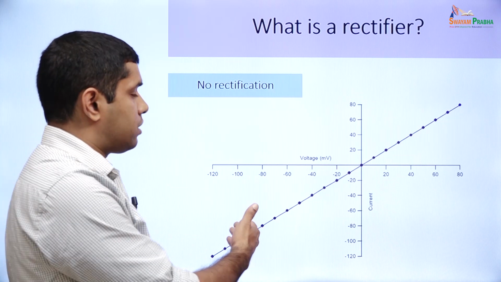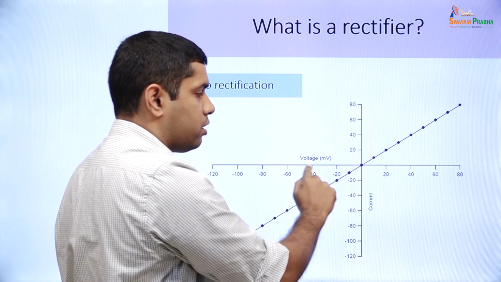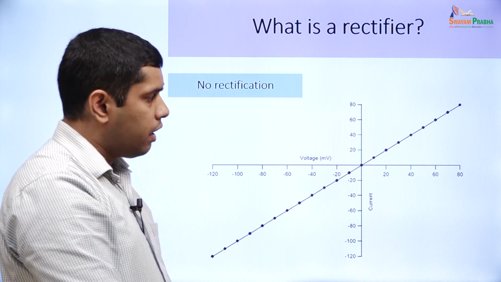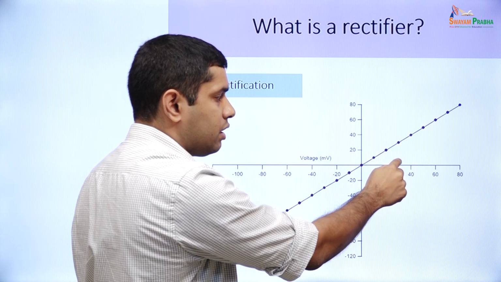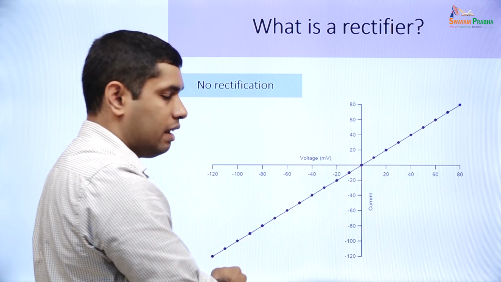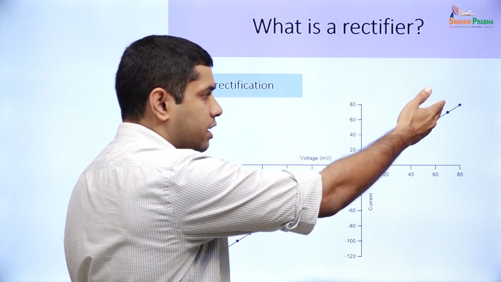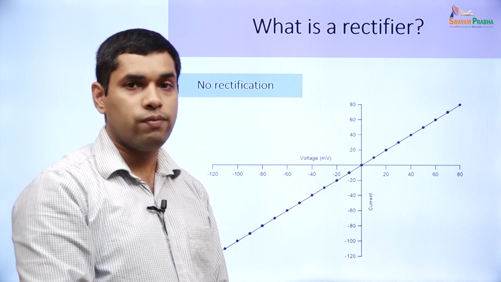Now let's look at this graph, which shows you the current that is developed at different voltages. If you look at the current that is developed for a particular change in voltage, that will give you the slope of this line. So the slope of this line provides the conductance or the current per unit voltage.